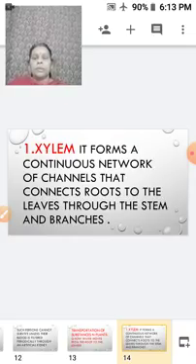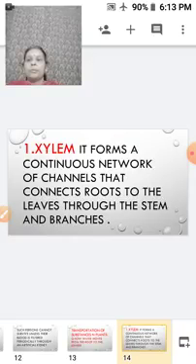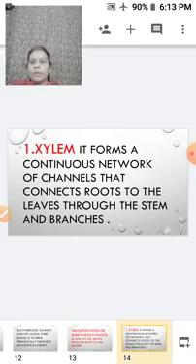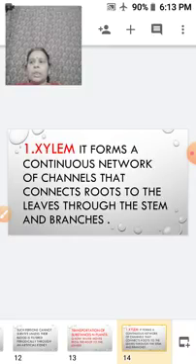So here, the water is absorbed by the root hairs, then it moves towards the center of the root, where it is collected in the xylem tube. The xylem transports the water to the leaf and to the other parts of the plant.